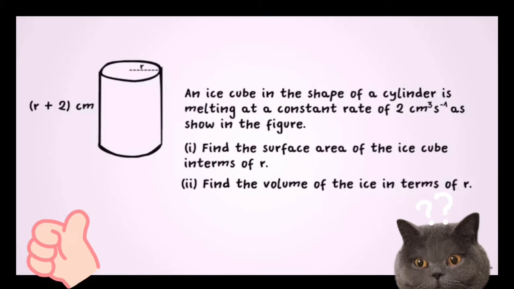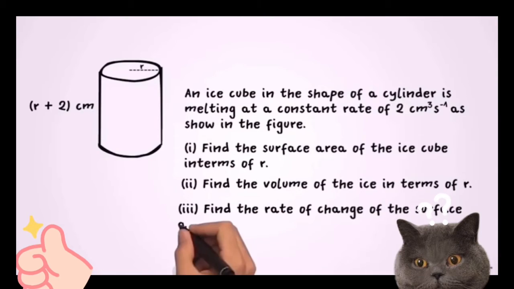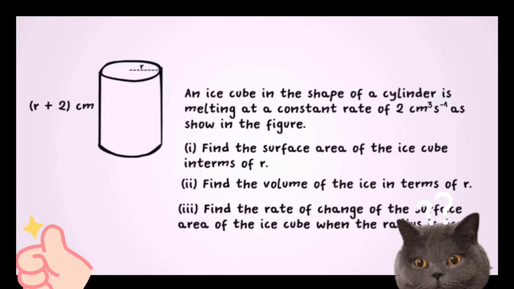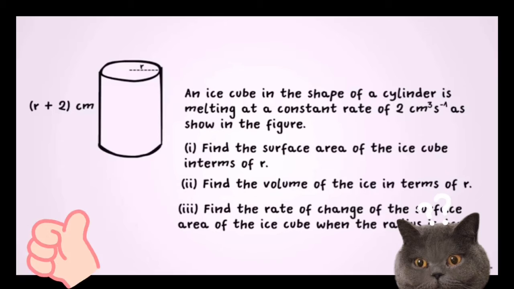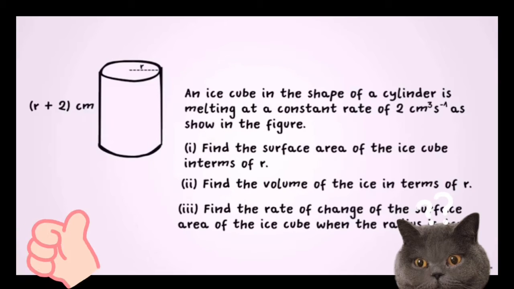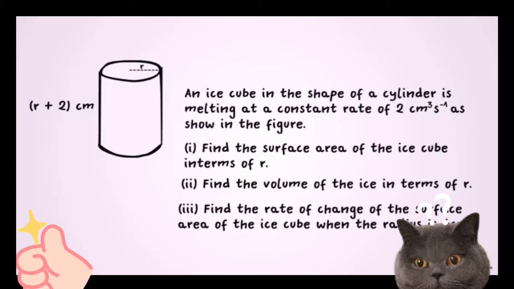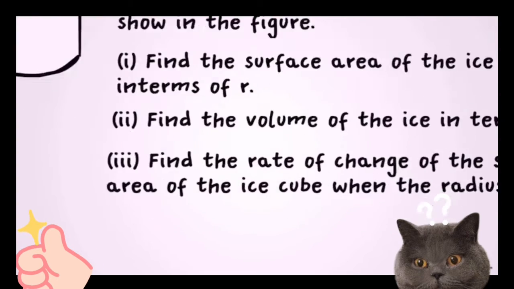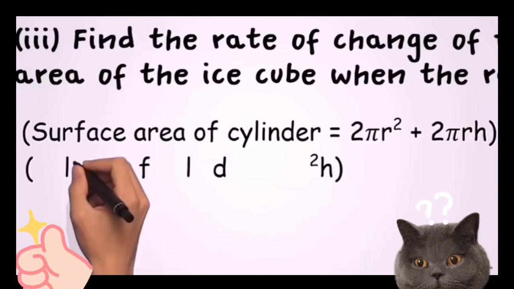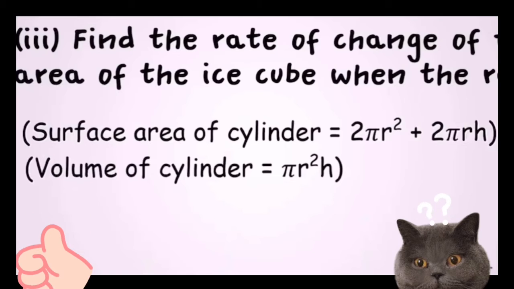Question 3: find the rate of change of the surface area of the ice cube when the radius is 4 cm. The information given is r, which is the radius, and r plus 2 cm, which is the height, and the surface area and volume of cylinder formulas.